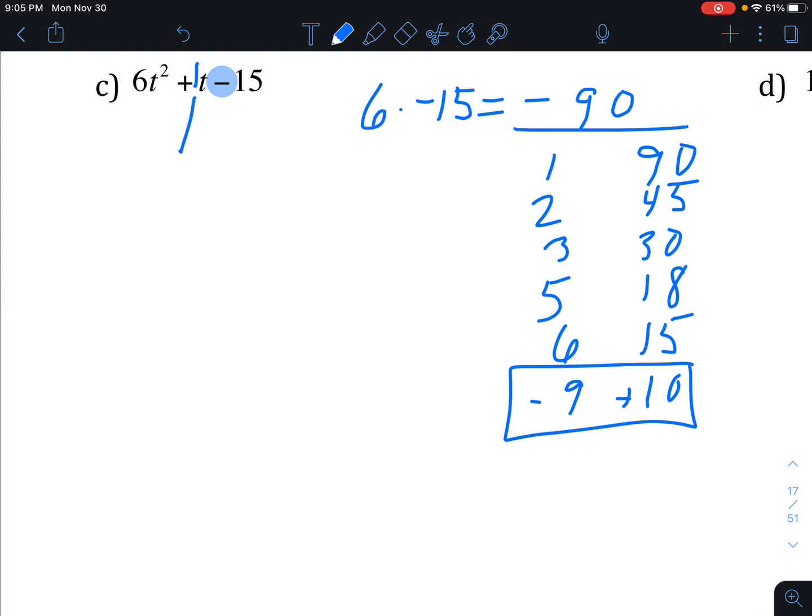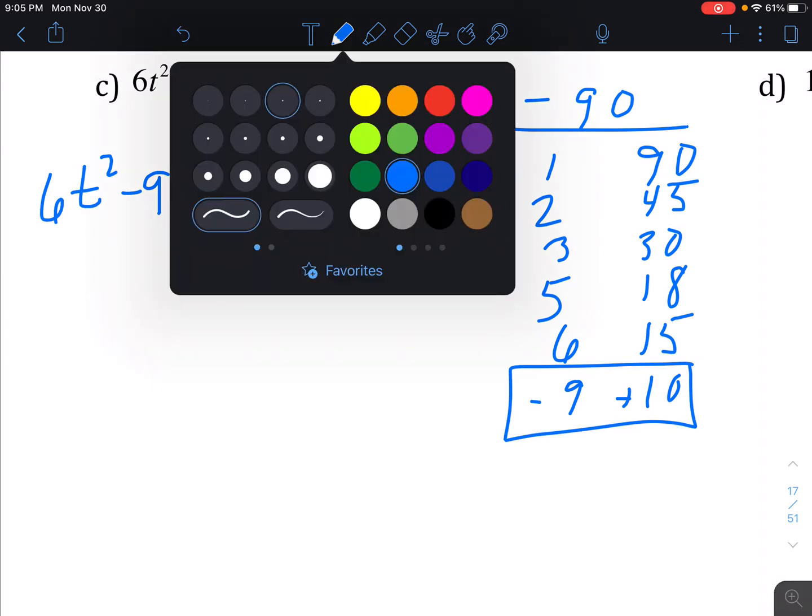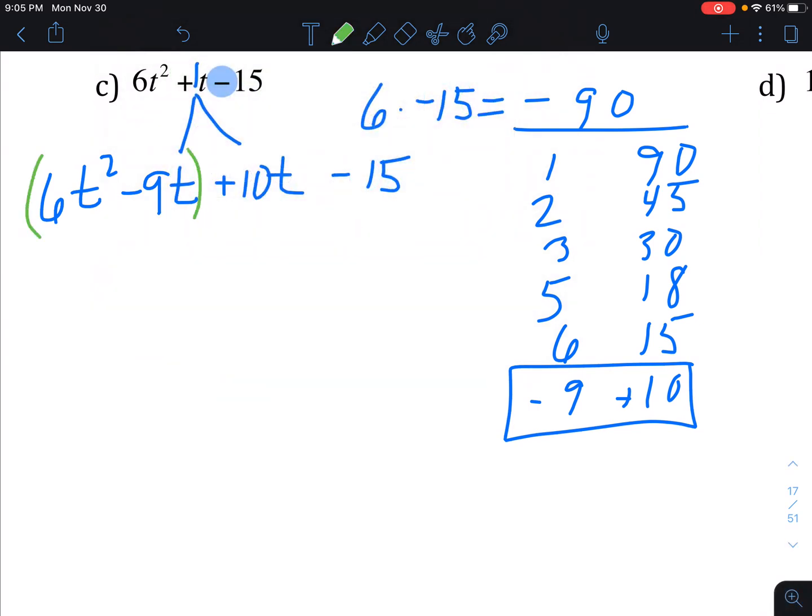So that B term splits into my two new terms, -9t plus 10t. Please make sure your t's have some cursive on them so they don't look like plus signs. So, what's next? Go do your two groups, and GCF twice. Your GCF of your first group is 3t.